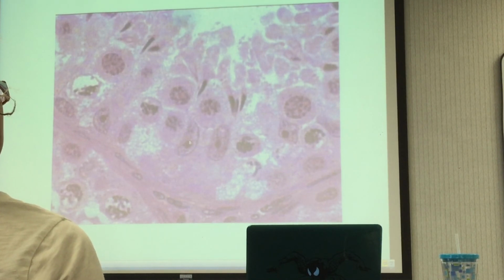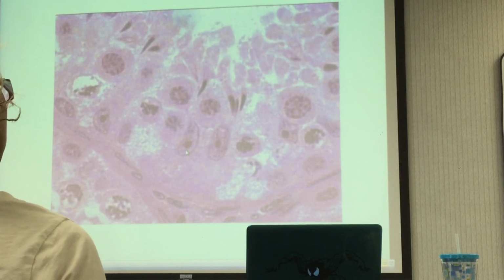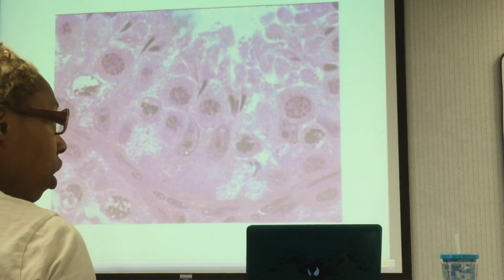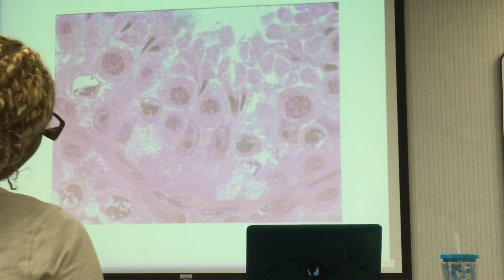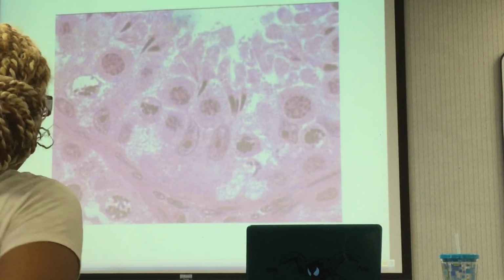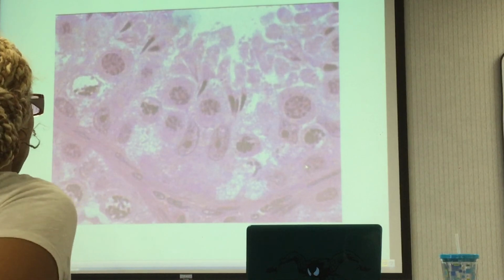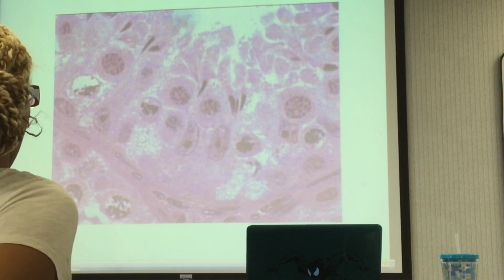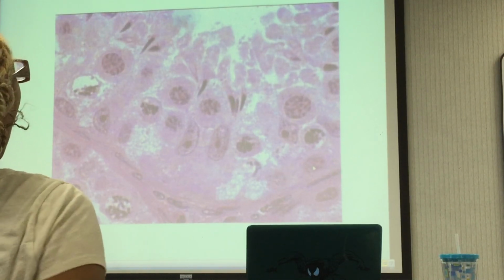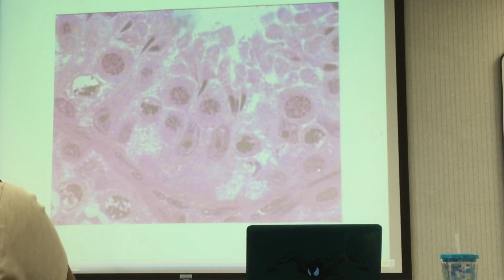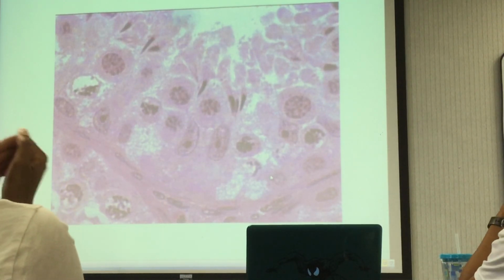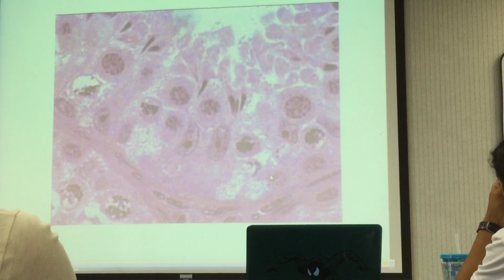What is this cell? Sertoli cells. Sertoli cells look like a pyramid, an oval shape. If you see a cell sitting on the basal lamina, like this one, these are called spermatogonia, which are primary germ cells.